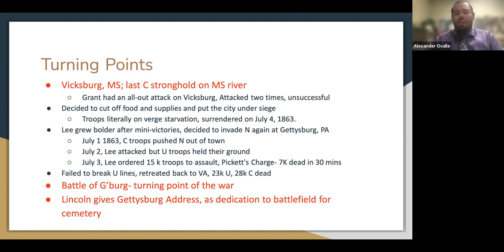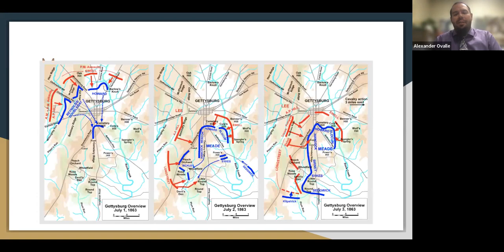80 years ago, that speech. Here's again a map. Pickett's Charge. When you go up a hill, it isn't smart, because it's strategic to have the higher ground in a battle. And obviously they're going up a hill.